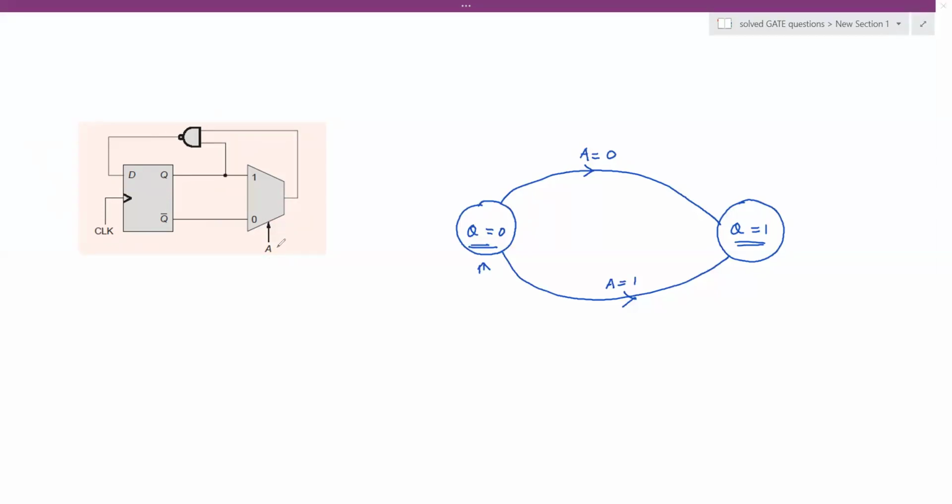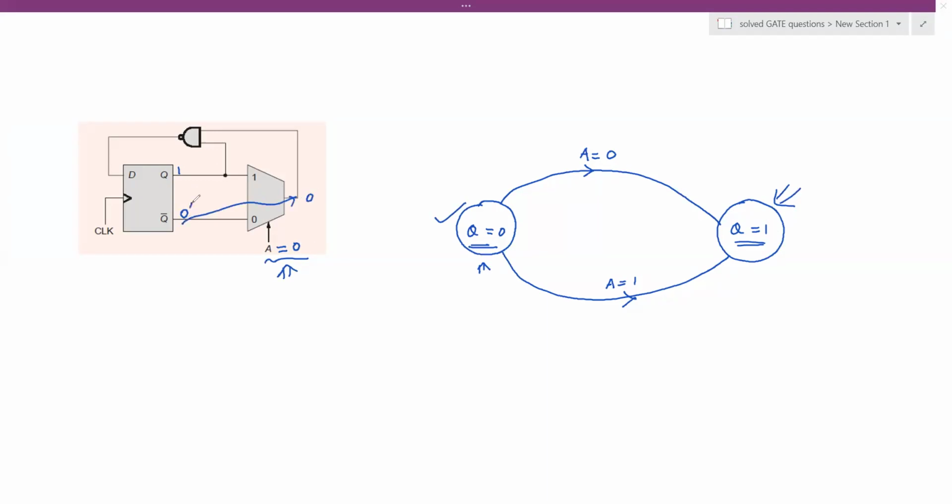Now, let us say we are in the state of Q equal to 1. So this is finished. Now we are in this state. We are assuming the present state or initial state of the D flip-flop output is Q equal to 1. That means Q bar is equal to 0. And for A equal to 0, if we apply logic 0 here, which line will get connected to the output through the mux? The Q bar line comes here.